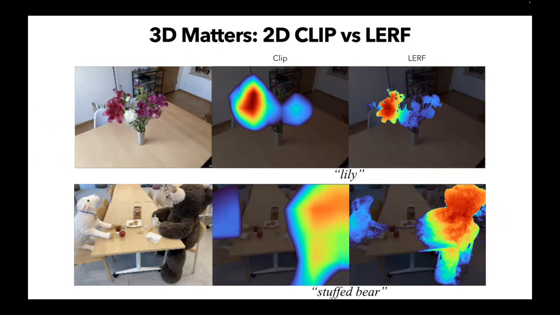With CLIP, if you do this task of where is the lily, and then do a sliding window and look at the heat maps of the sliding windows that give you the highest activation in 2D, which is the center column, you see that it fires around the lily, but it's really blurry. But once you actually do 3D reconstruction and do this in the process of reconstructing novel view synthesis of NeRF, and do it with our LERF, you can see that the lily activation is a lot sharper.